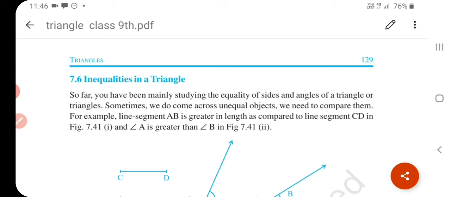Okay, so what can you do in this comparison? If this type of comparison is there, then the first theorem on inequality of triangles is, if two sides of a triangle are unequal, then the angle opposite to the longer side is larger or greater.